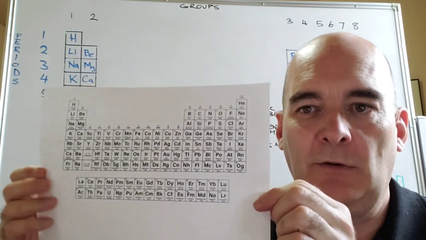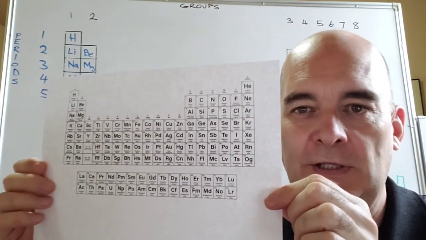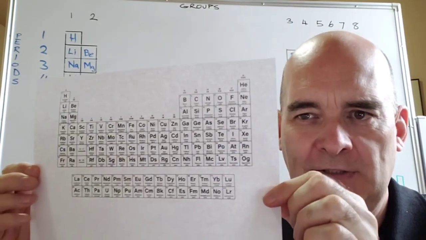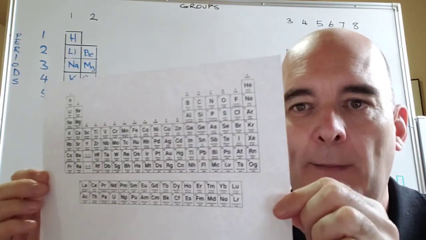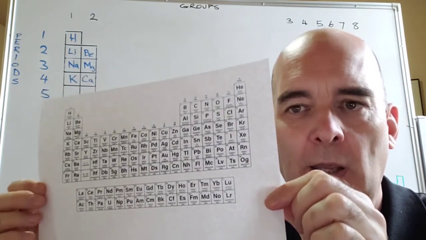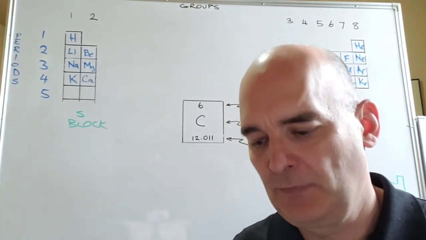This is a periodic table. I'm sure you've seen and heard of these before. This one is a modern one. It contains 118 named and numbered elements. And remember, an element contains only one kind of atom.